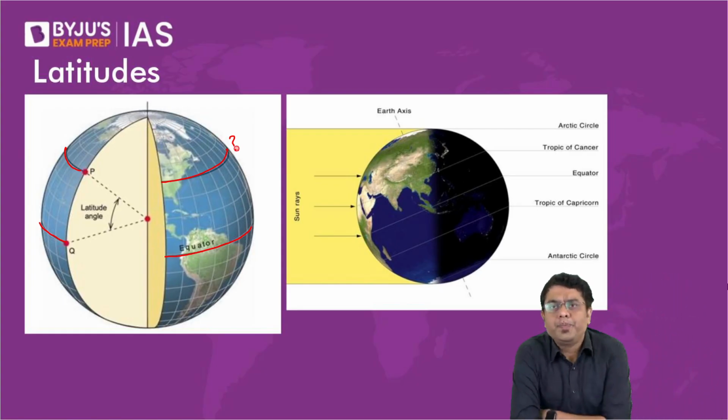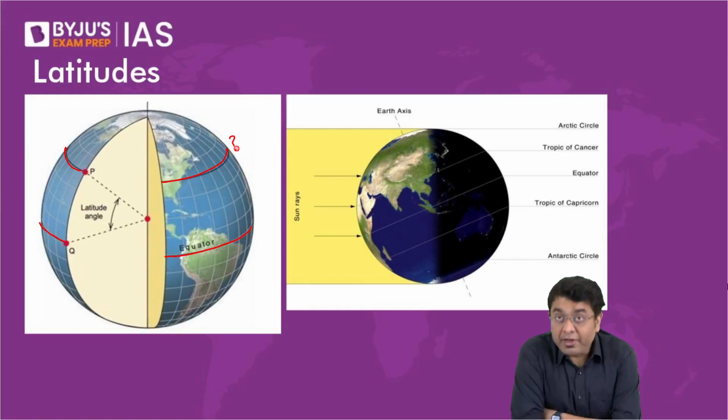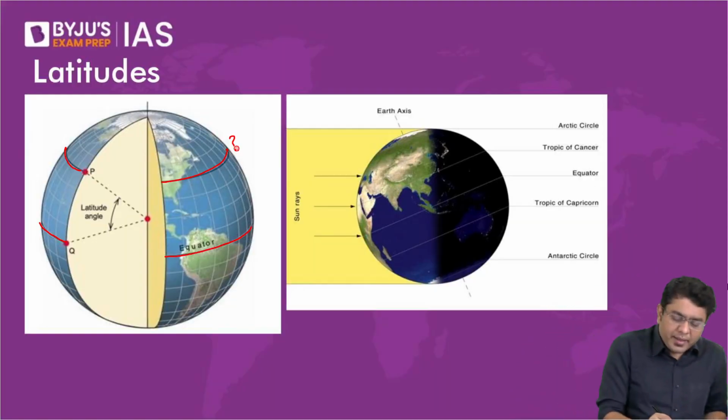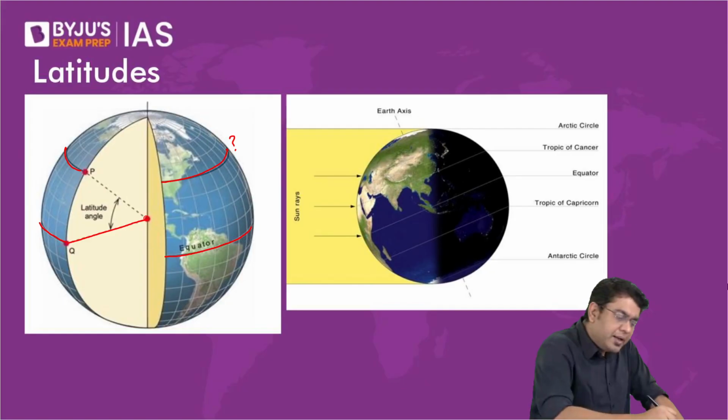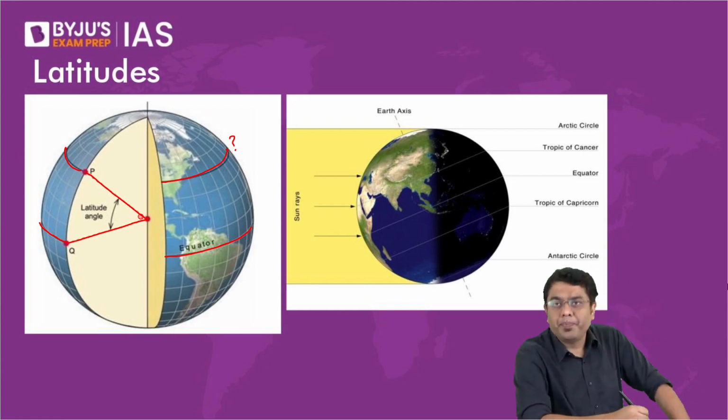Now what do I do? First of all, I will draw an imaginary line from the equator joining the center of the planet. It will be an imaginary line, obviously. Then, for the latitude that I want to measure, I will draw an imaginary line from there to the center of the planet.